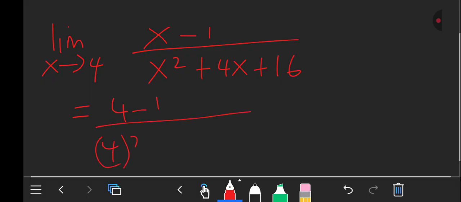4 squared plus 4, where there is x I substitute 4, then plus 16.